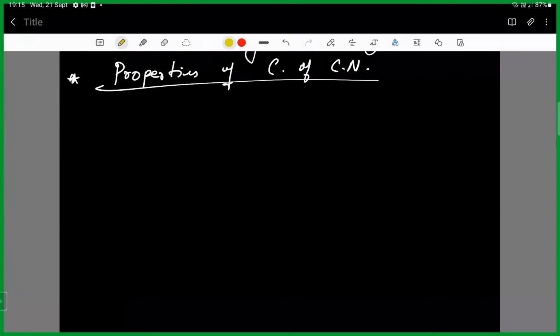How do you define a circle? Tell me, how do you define a circle? Go and check the definition of circle. A collection of points in a plane at equal distance from a particular point, right?